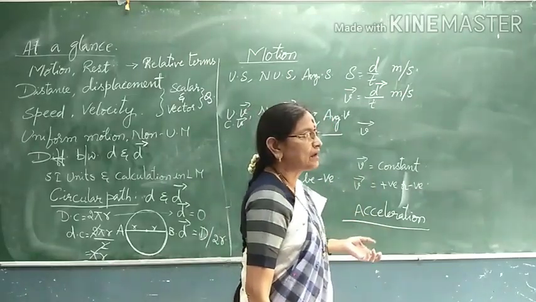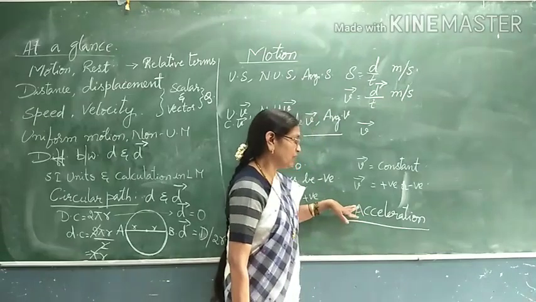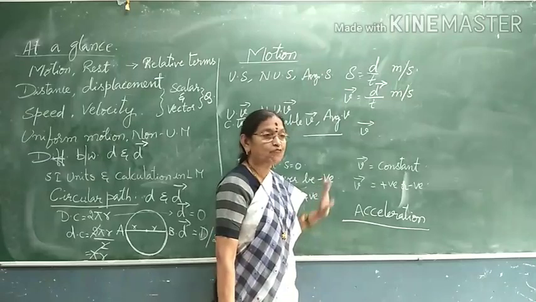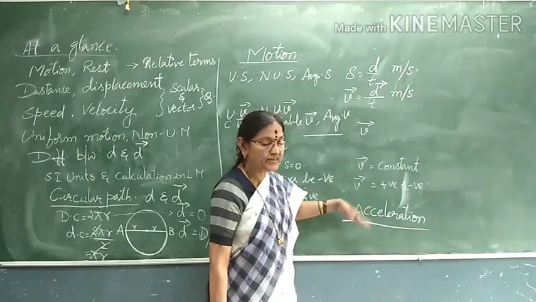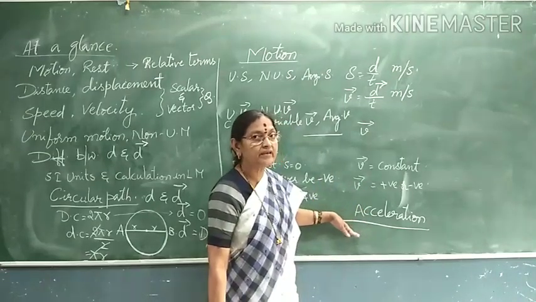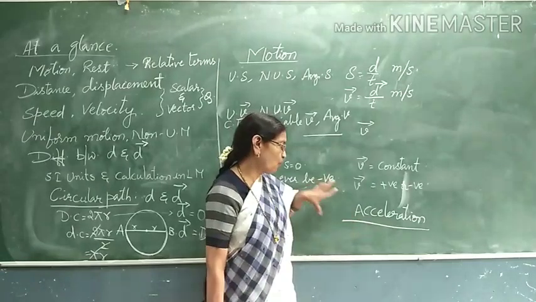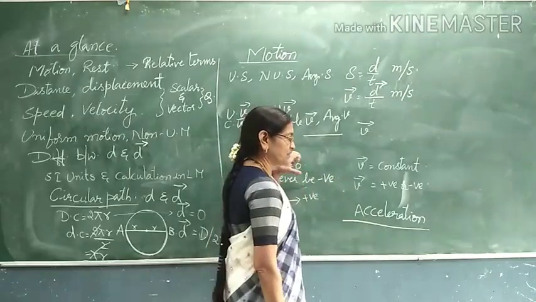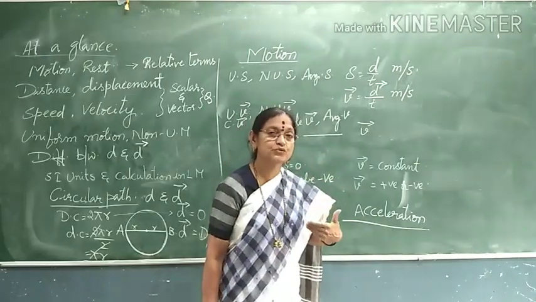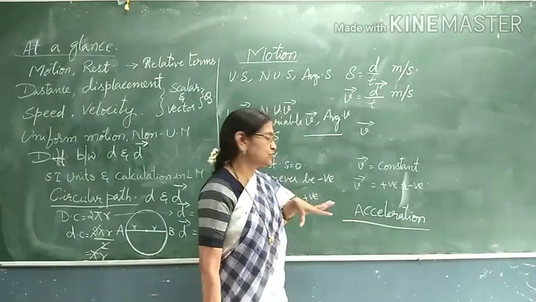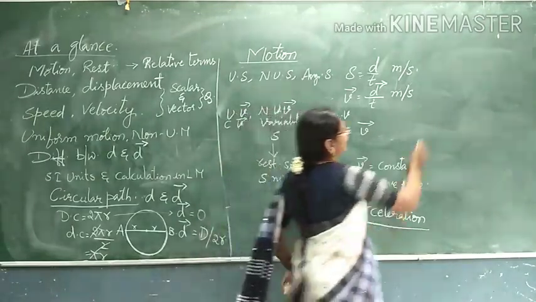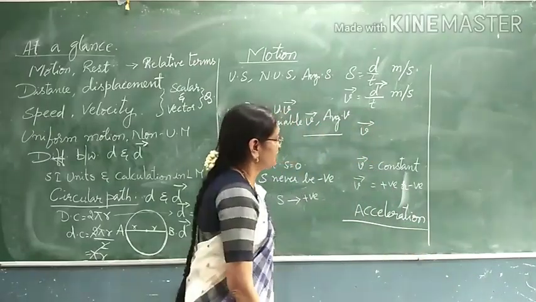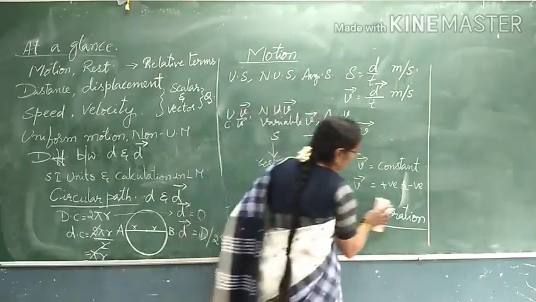So acceleration may be zero, negative or positive. We will discuss when acceleration is zero, positive or negative. First of all, what is acceleration? When a body is moving with increasing speed, its velocity goes on increasing, and we use another term. Now, what is acceleration and how is it designated? That we will be learning. Now, have you understood?